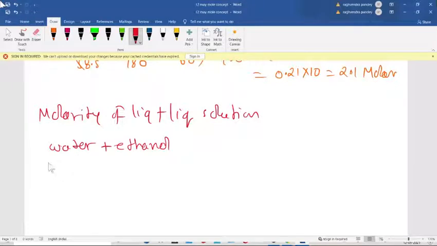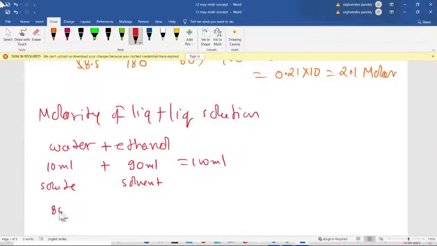Suppose here I am taking 10 ml water plus 90 ml ethanol, and that is total 100 ml. So here water will be solute and ethanol will be solvent. Now if the opposite happens, suppose I am taking 80 ml water and 20 ml ethanol, so here ethanol will be solute and water will be solvent. It is also 100 ml.